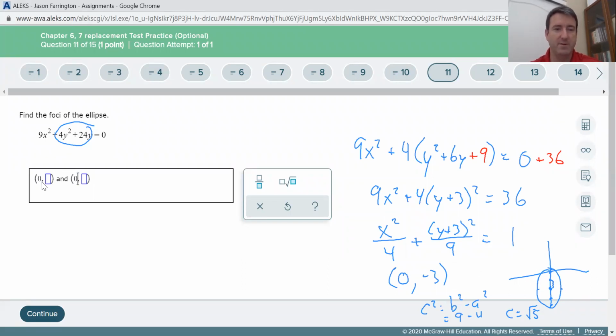The x is going to be 0 for both of these. And the y is going to be our -3 plus the square root of 5, and -3 minus the square root of 5. So there's the answer for number 11.